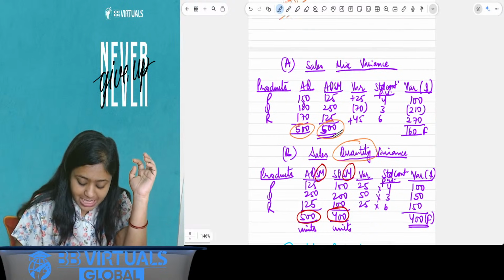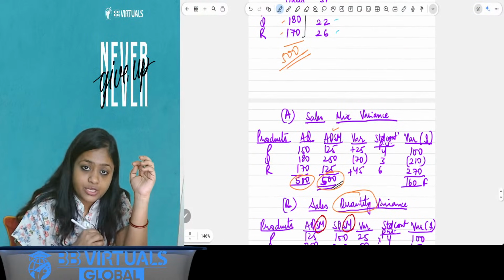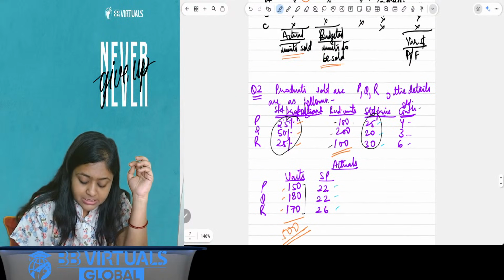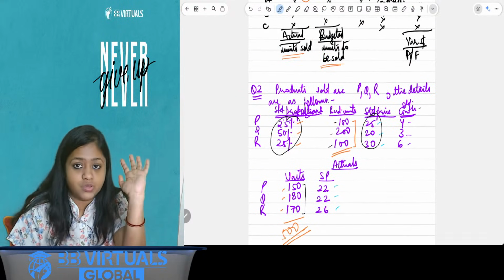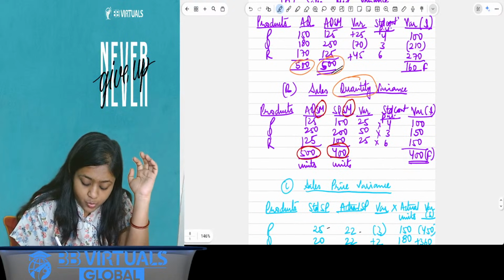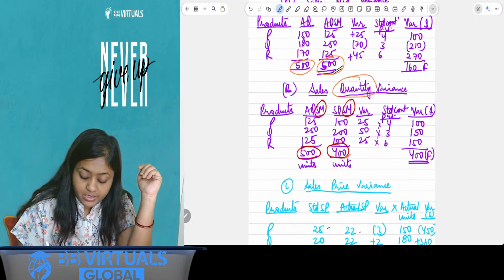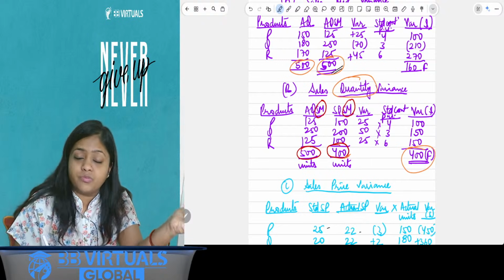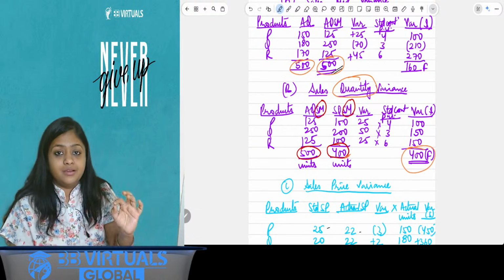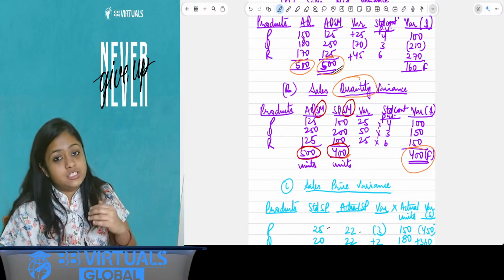My standard mix actual quantities we have already worked out here, and budgeted quantity is already given to you, and the standard mix in which it is there is also given to you. So use this budgeted quantity. Done. Now you will have a difference here. So it will give rise to variances, and accordingly calculate the variance, and the contribution will remain same in both the cases. Done. Clear? This is how you will get your sales quantity variance and sales mix variance.